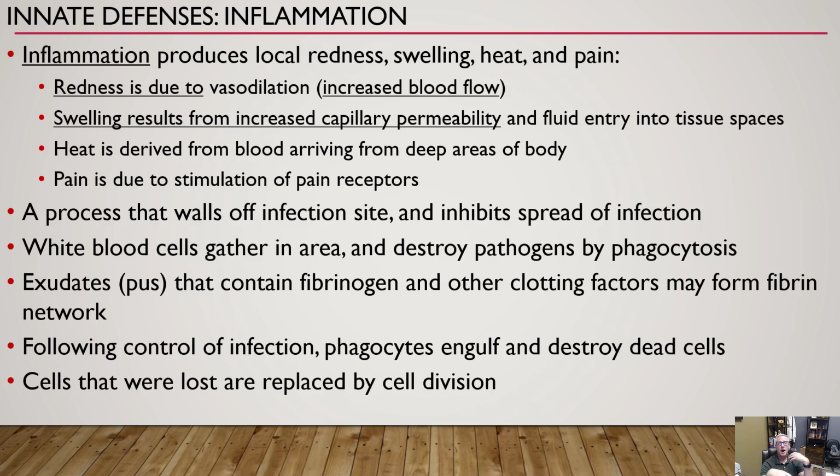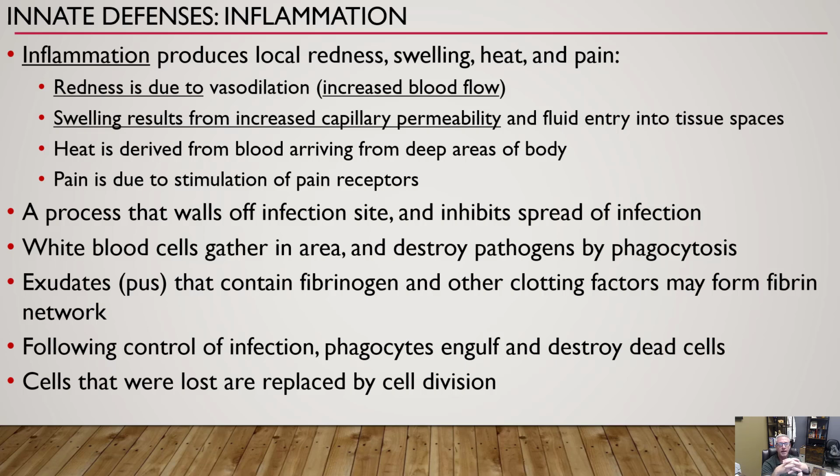We have heat because of blood coming from deeper areas of the body. And remember, blood transports heat. We break down ATP and we create energy in the form of heat. So that's why we have localized heat. And then we have pain due to stimulation of pain receptors or nociceptors.